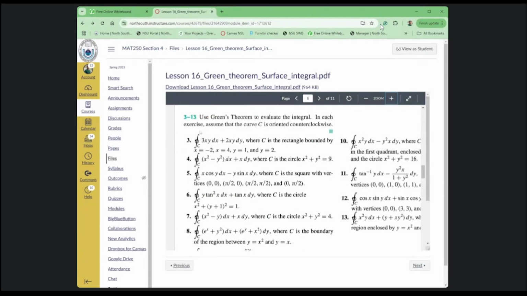Use Green's theorem to evaluate the line integral. This line integral number 3. In each exercise, assume that the curve C is oriented counterclockwise. So we consider C as counterclockwise.